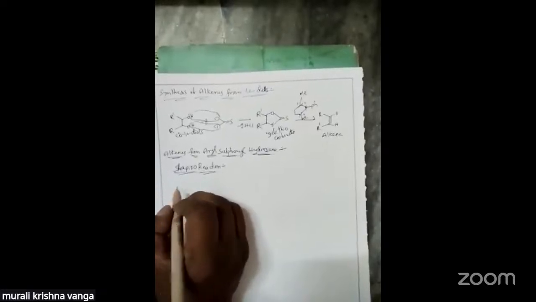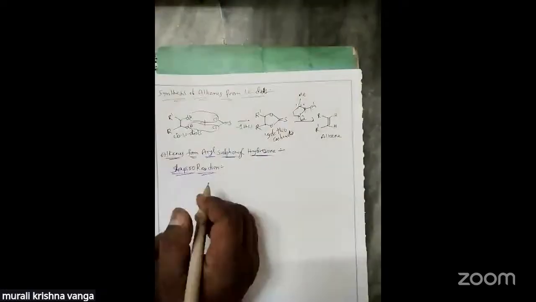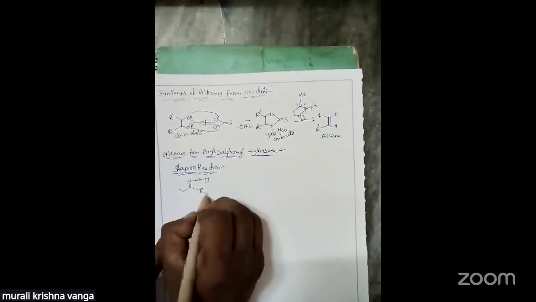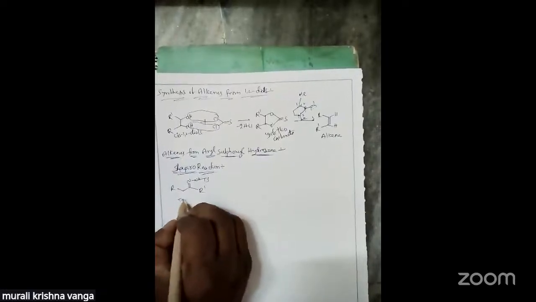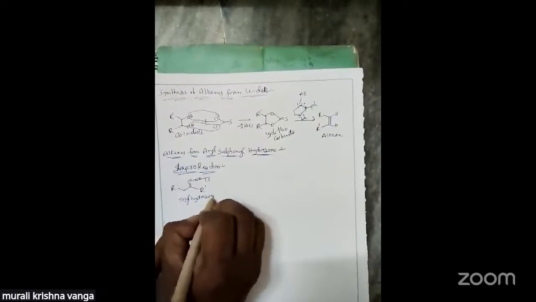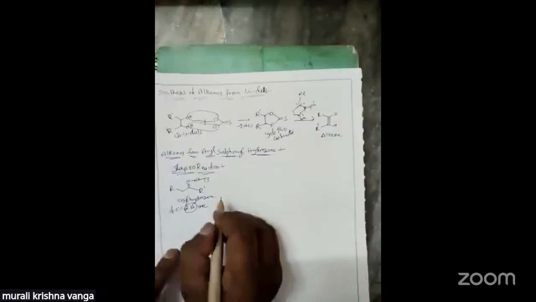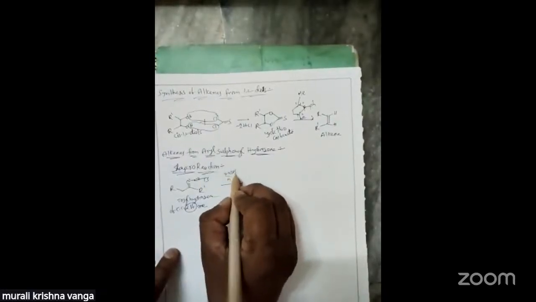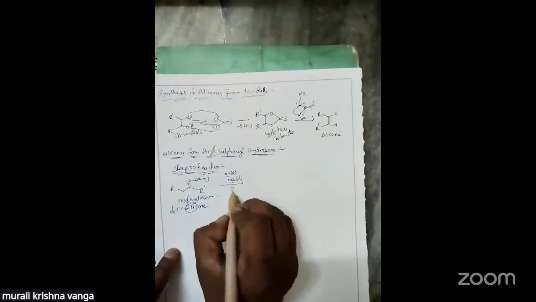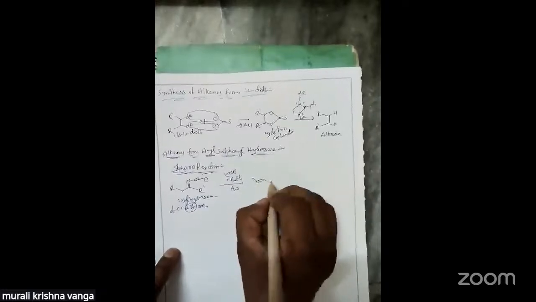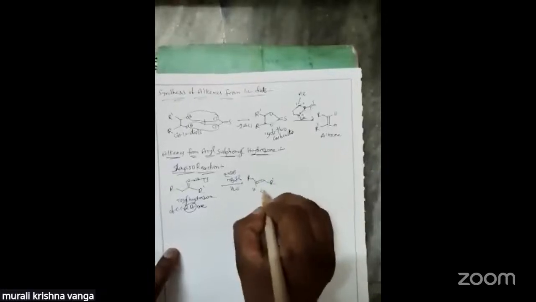Tosyl hydrazones of carbonyl compounds having at least one alpha hydrogen react with excess n-butyl lithium, followed by hydrolysis, giving trans alkenes, the E alkenes. This is the Shapiro reaction.